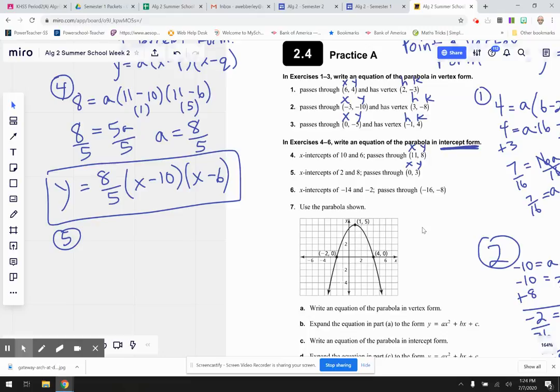So 3 equals a, we don't know, x we do know is 0, minus the first intercept of 2, times 0 minus the second intercept of 8. So now we can solve for a. So 3 equals negative 2 times negative 8, which is going to be positive 16a. Divide by 16, and you're going to get 3/16 for a.